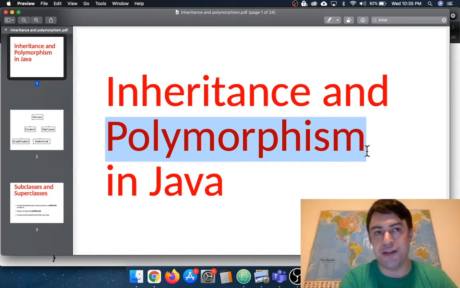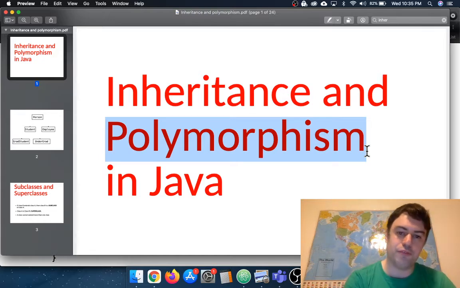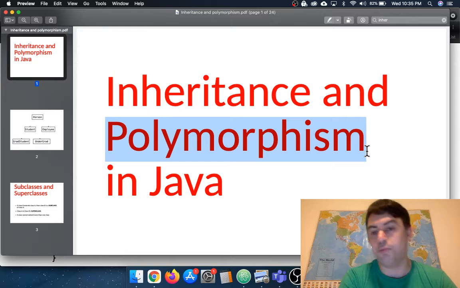These are called overridden methods, and the mechanism by which Java chooses which method to call is called polymorphism, basically. There are some very specific rules, but that can lead to some weird situations, so we're going to have to examine that and see what's going on there.